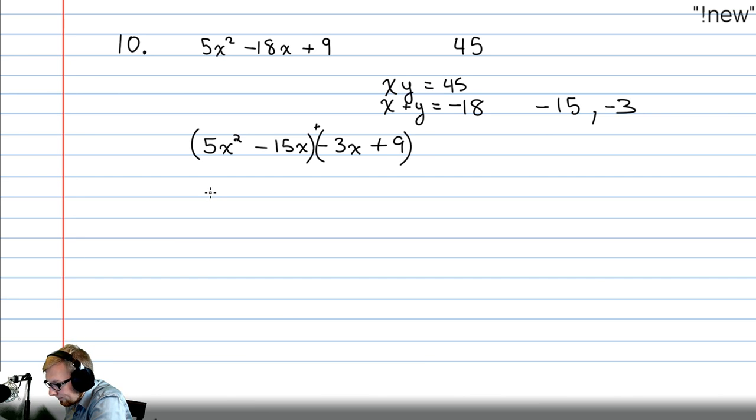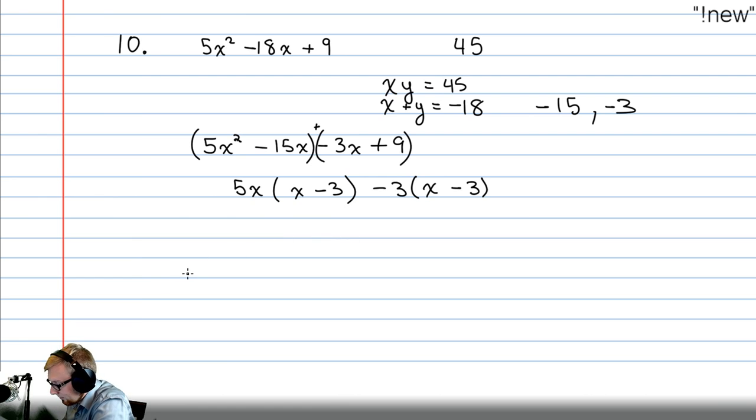And so what do you take out? 5x is your greatest common factor. You get x minus 3. And then for your second, your greatest common factor is negative 3. So minus 3, and then you get x minus 3.